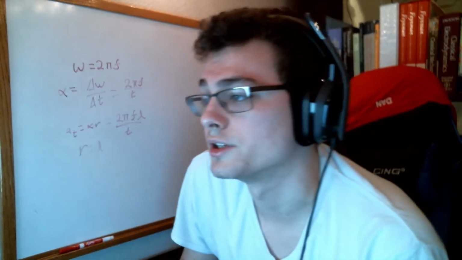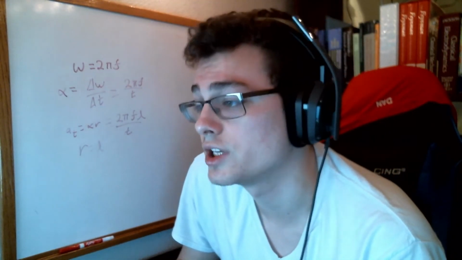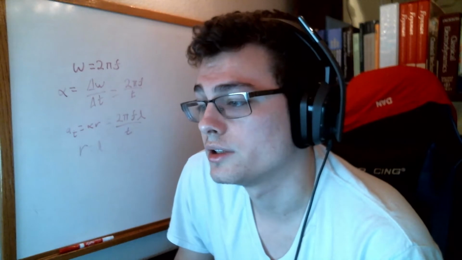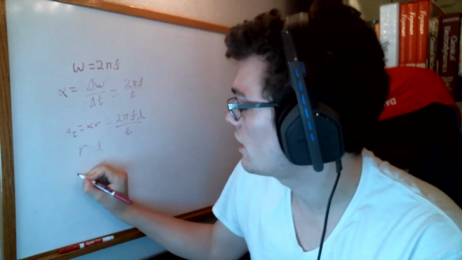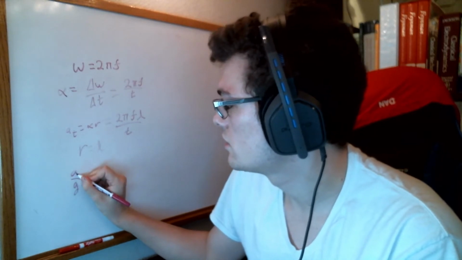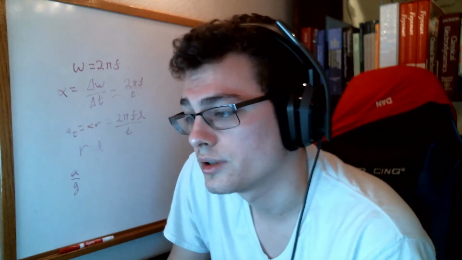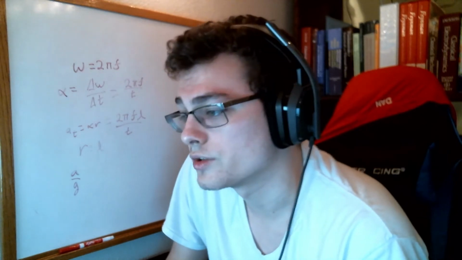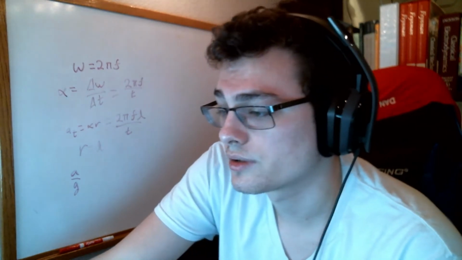What is the centripetal acceleration in multiples of g? So now in this case, you have to take a and divide it by g, and that will give you your new answer. And so then you should be able to figure out what this is.